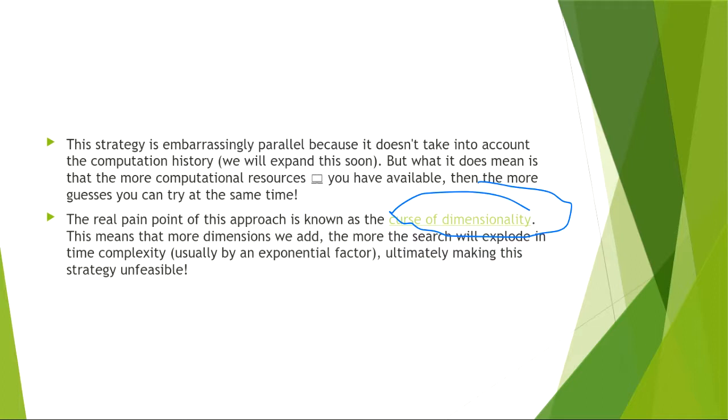Okay, so one problem is there with the grid search. You can call it a disadvantage of your grid search, or you can say this is the major problem with the grid search approach.